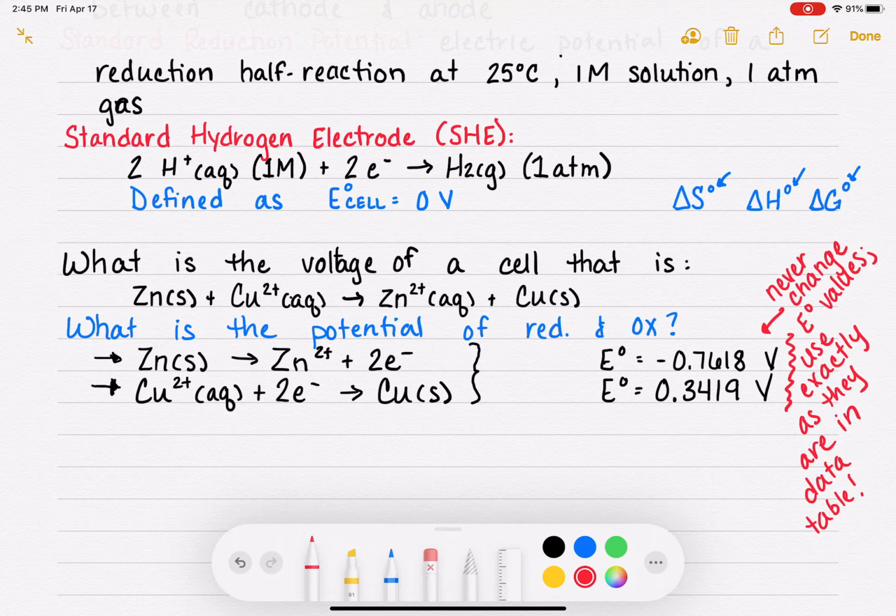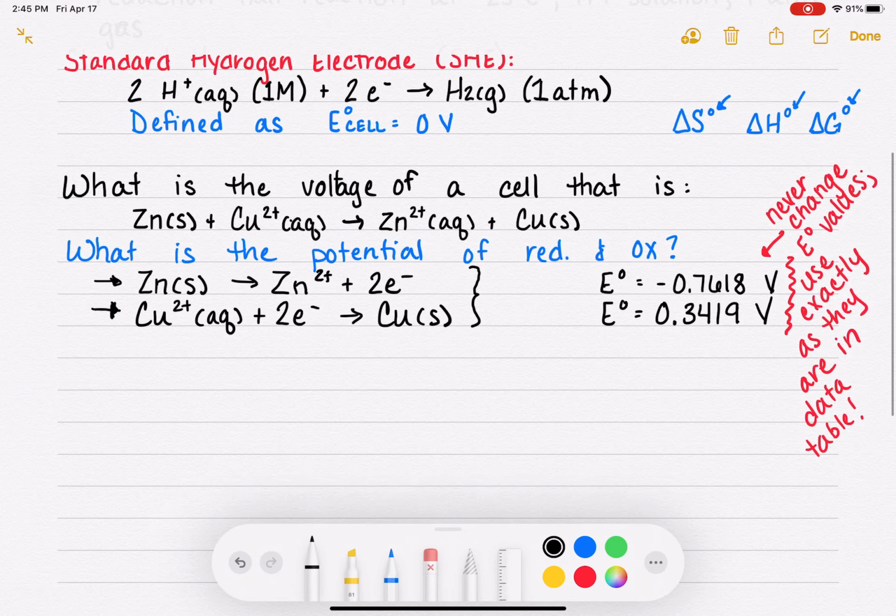So how do we actually use these half reaction voltages to calculate the voltage of a cell? The voltage of the cell, E cell, is calculated by taking the difference of the 2 half reactions.